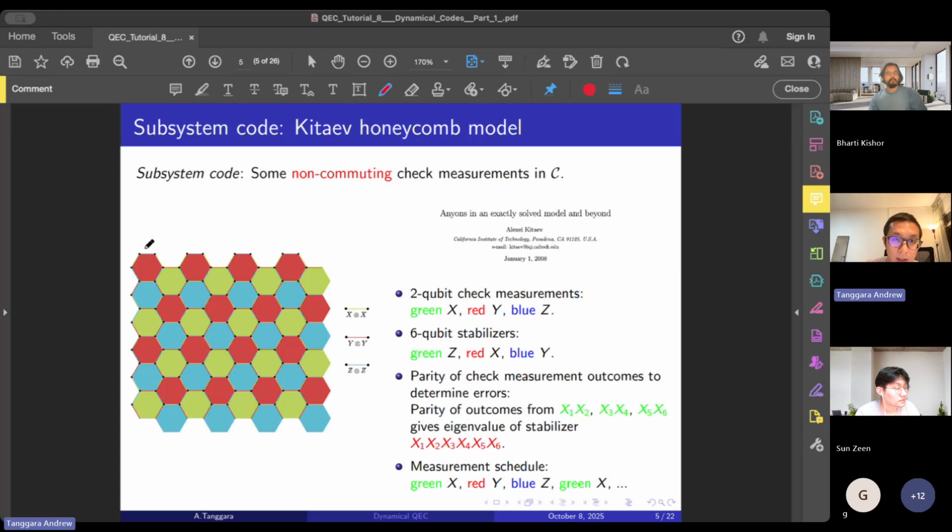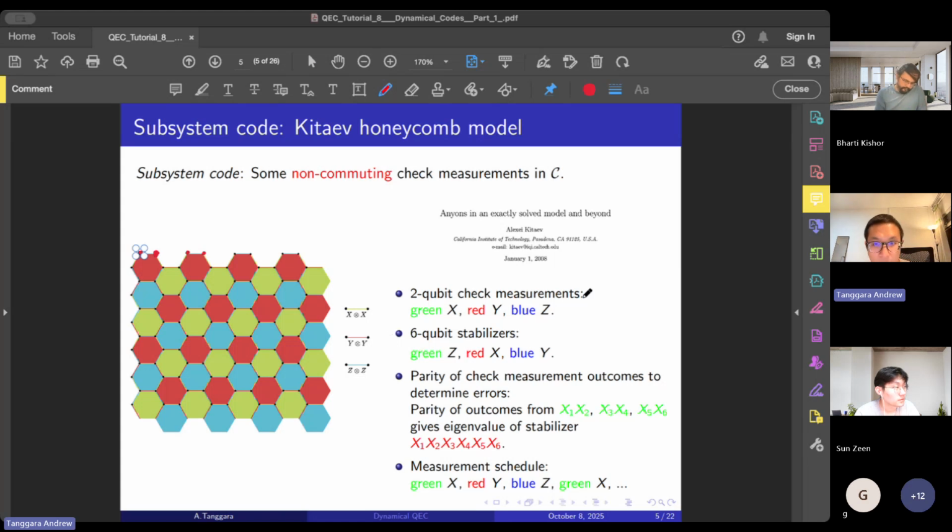And I put my qubits on the vertices of this hexagonal lattice, like these little dots there. And then my measurements are these 2-qubit measurements on the edges. So I have this green edge, red edge, and blue edge, and they correspond to these 2-qubit X, Y, and Z measurements. And now what are my stabilizers?